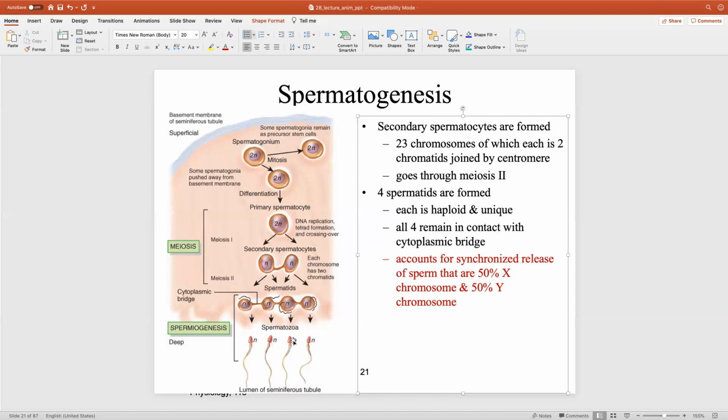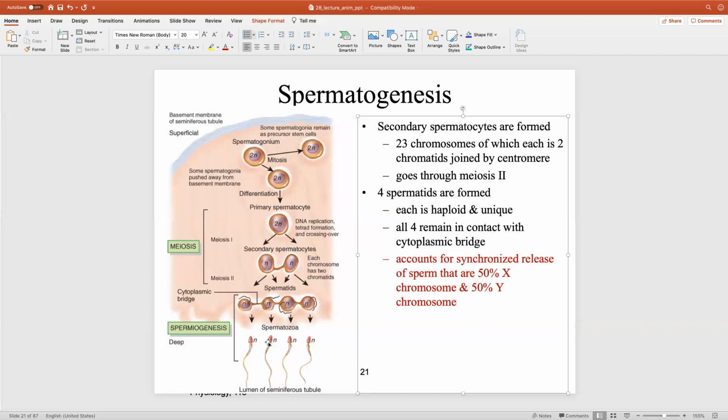If a Y chromosome sperm fertilizes the egg, now you have an XY boy that's a fetus. If an X chromosome sperm fertilizes an egg, you're going to have an XX female. That's going to be the fetus.